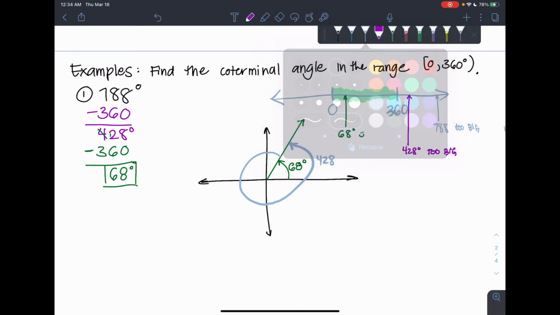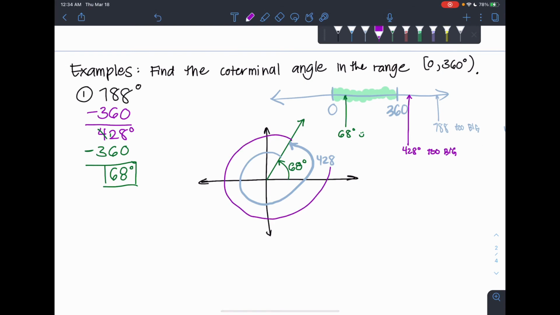And one more would get us to 788 degrees. So what we can say here is 788 is coterminal to 68, which is also coterminal to 428. All of these guys are coterminal precisely because they share the same terminal side.